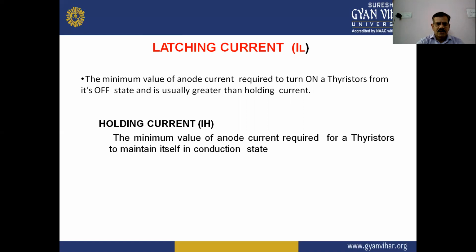So this is the latching current. Next, we have a holding current in this graph. What is the holding current IH? The minimum value of anode current required for a thyristor to maintain itself in conduction state. So this is the holding current.